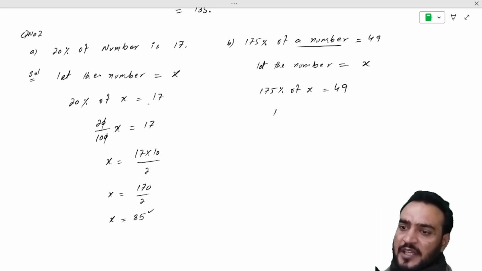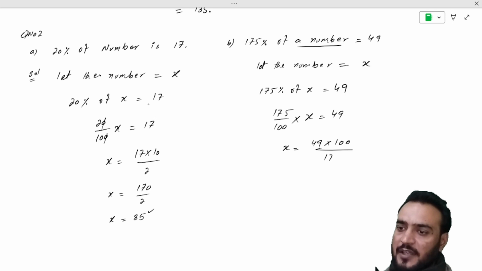We solve this percentage as 175 over 100 times x equals 49. So the value of x will be 49 times 100 divided by 175.